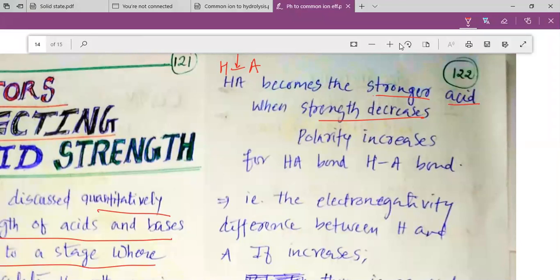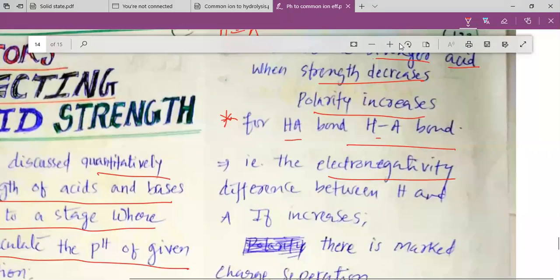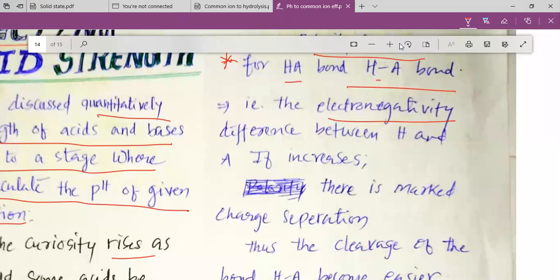Now we need to understand the polarity. Polarity increases for the HA bond when the electronegativity difference between H and A increases.